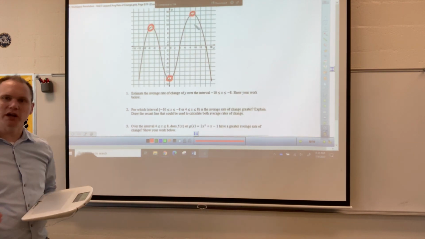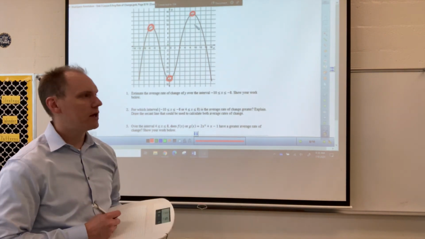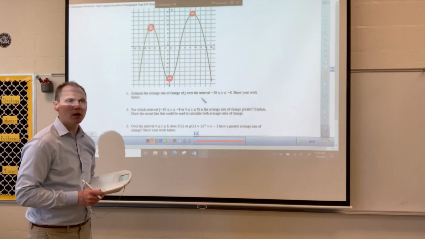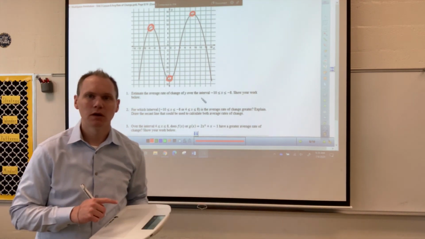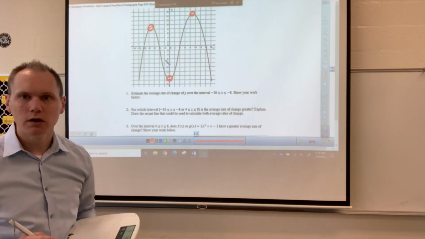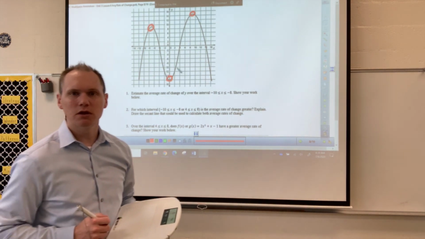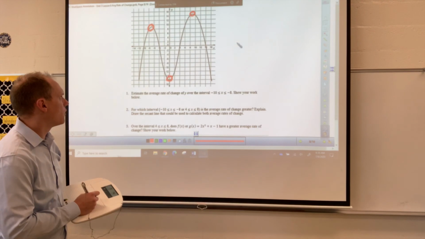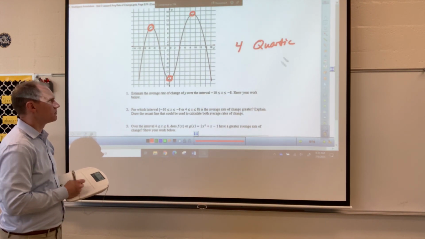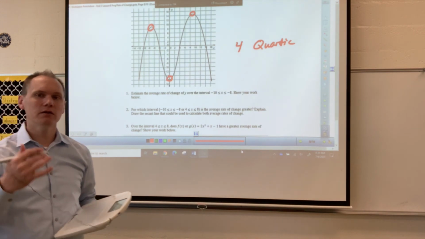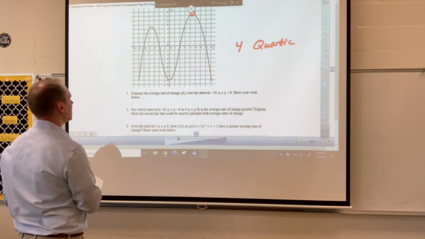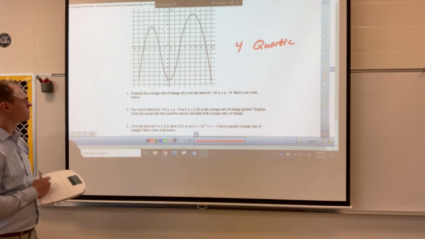So there are 3 changes in direction, and the degree for a polynomial will be at minimum the number of changes in direction plus 1. So 3 changes in direction plus 1 would give us 4. So it's a quartic, most likely. It could be something higher than that, but at minimum, it would be a 4, or quartic.